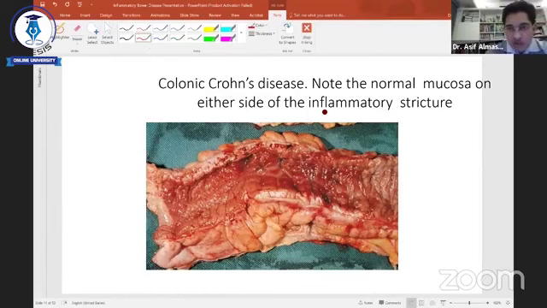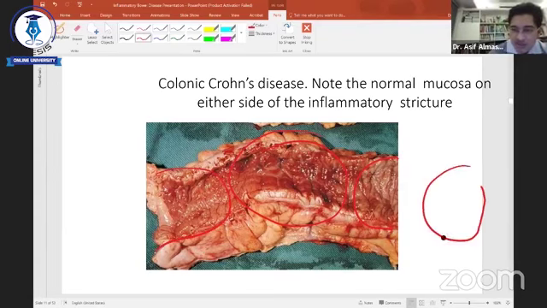Now, another feature of Crohn's disease is that it has skip lesions. That means a particular part is involved, and you'll see the adjacent parts are not involved. Again, another part from here may be involved.